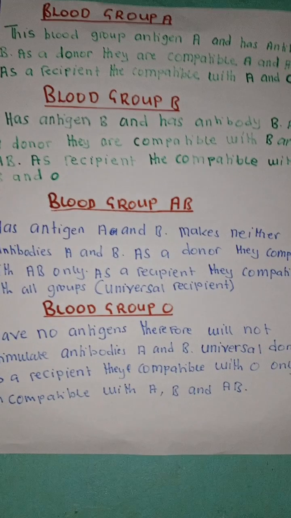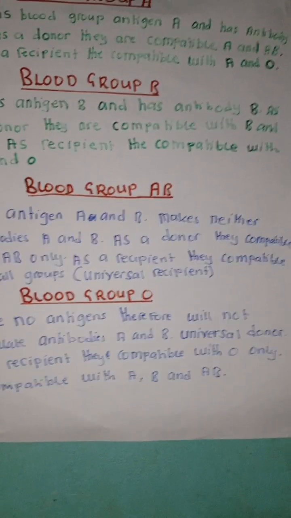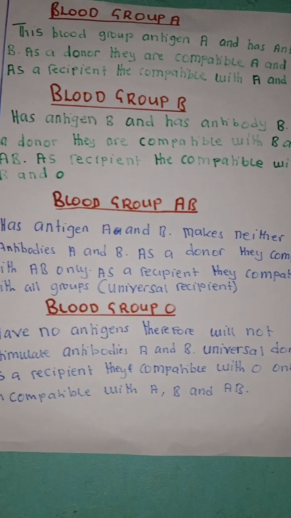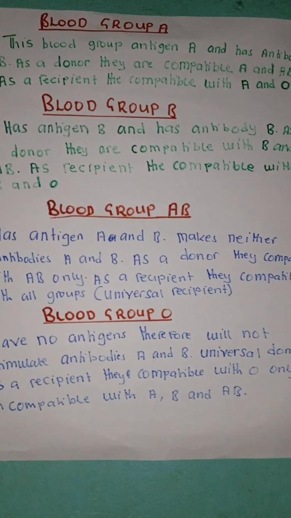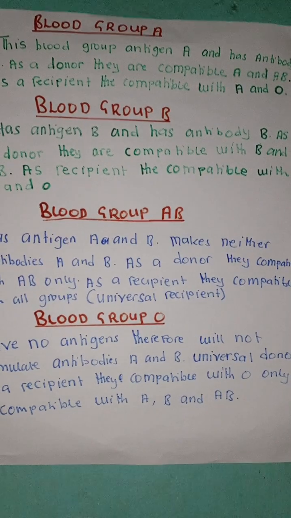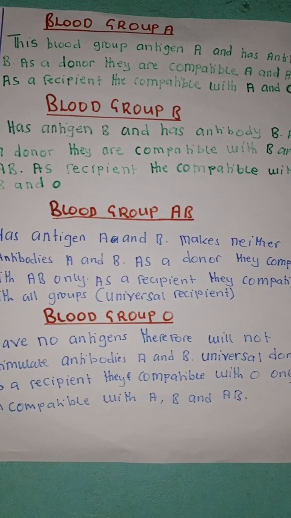As a recipient, they are compatible with O only. Because of the antibodies A and B, they cannot receive blood from A, B, and AB.